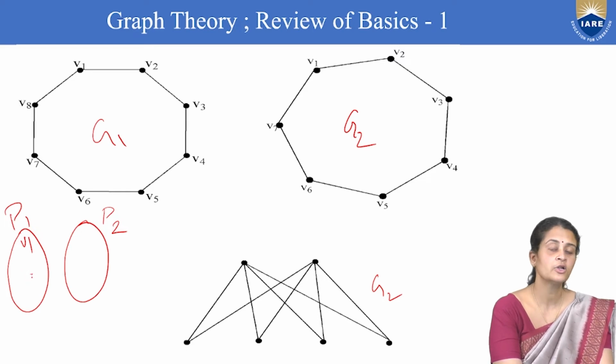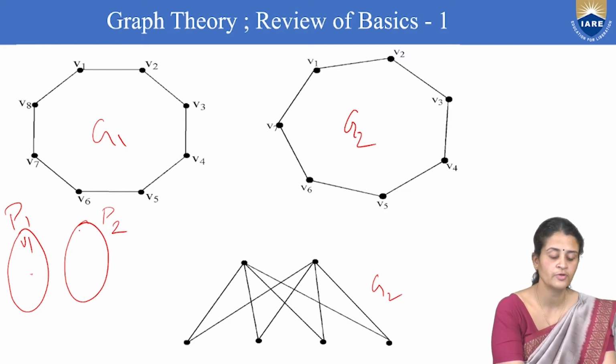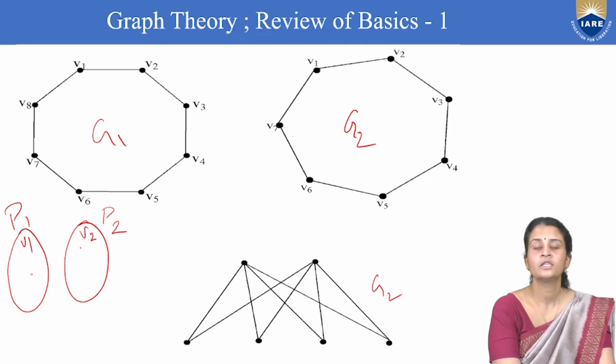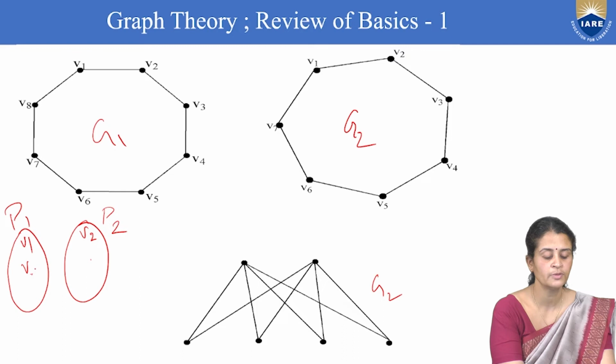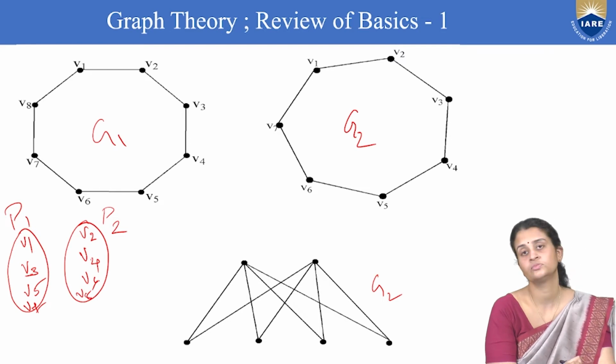No, because according to the definition, vertices in the same partite set shouldn't be adjacent. So I put V2 here. V3 cannot go in this partite set, so it goes in P1. Similarly, V4 goes in P2, V5 in P1, V6 in P2, V7 in P1 and V8 in P2.